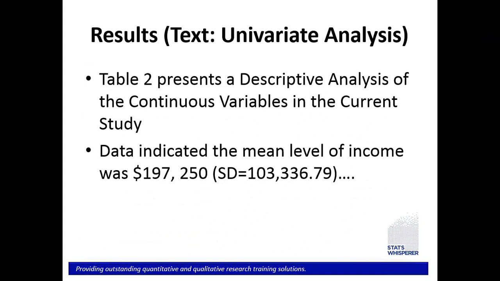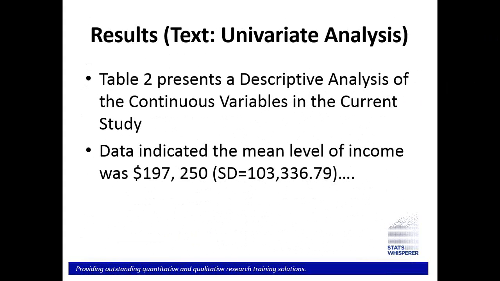Now, Table 2, the descriptive analysis of the continuous variables in the current study. Here, we could just make short statements. So data indicated the mean level of income was 197,250, with the standard deviation and maybe the minimum and maximum values.